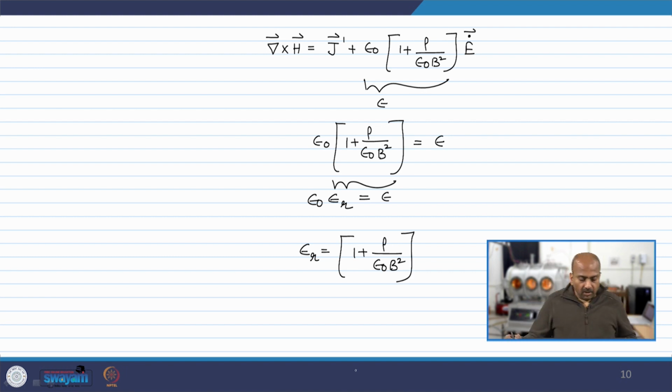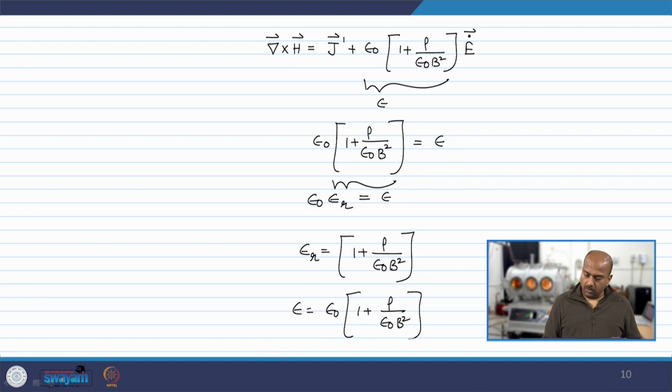So, plasma with a time varying electric field and in the presence of a normal magnetic field behaves like a dielectric with effective permittivity epsilon equals epsilon naught into 1 plus rho by epsilon naught B square.